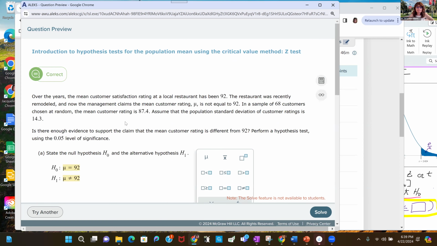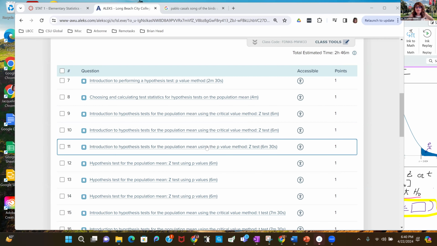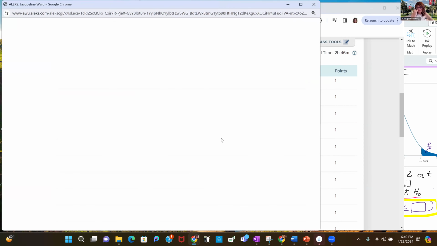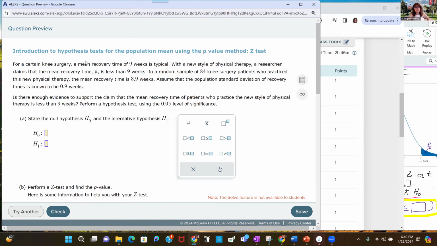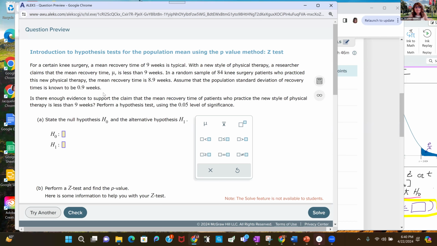All right, and then for the p-value, let's see. For certain knee surgery, a mean recovery time of 9 weeks is typical. With the new style of physical therapy, a researcher claims that it's less than 9.